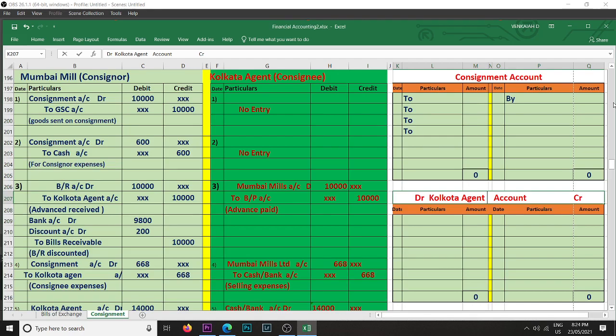Amount is 10,000. Second entry is consignment account debit to cash account. Amount is 600. Third entry is advance: bills receivable account debit to Kolkata agent, by bills receivable. Amount is 10,000.